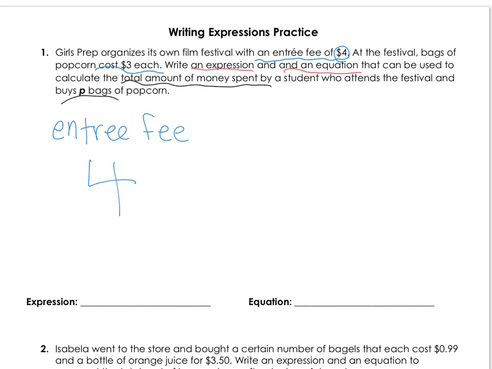And we're going to add the popcorn. And we know that the popcorn costs $3 per bag. So it's going to be $3 times the number of popcorn bags. In this case, P is our variable. And it makes sense because if we bought one bag of popcorn, it would be $3.